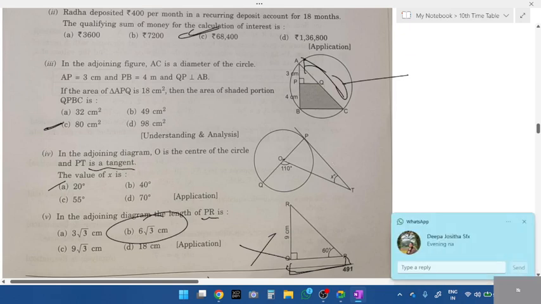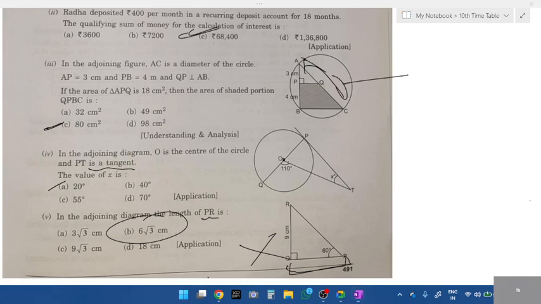If O is center, what is the value of this angle? 90 degrees. If you want to find X, use the straight line concept. What will be this value? Yes, 180 minus 110 is 70. Now take the triangle OPT, students.